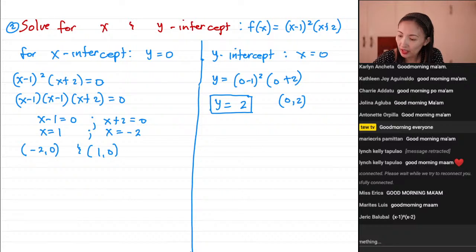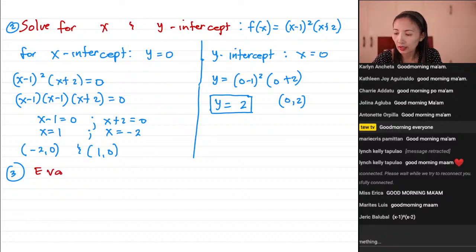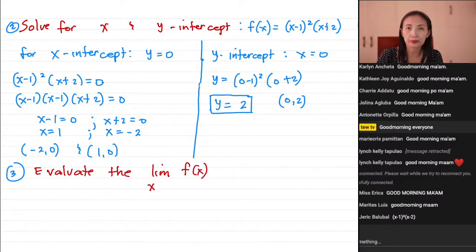What did we say about step number 3? Evaluate the limit at infinity. Evaluate the limit of the function as x approaches infinity.